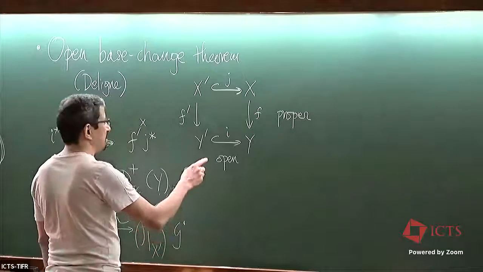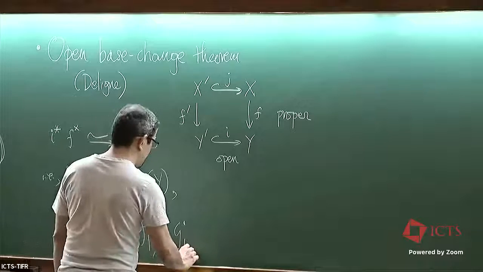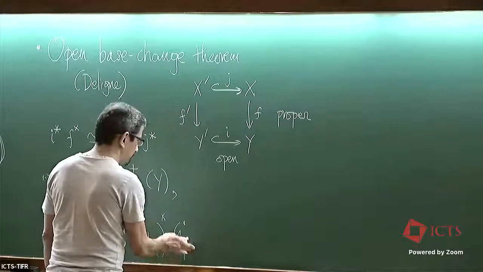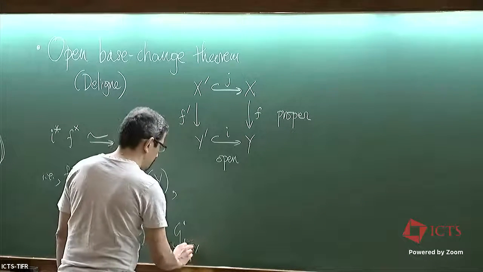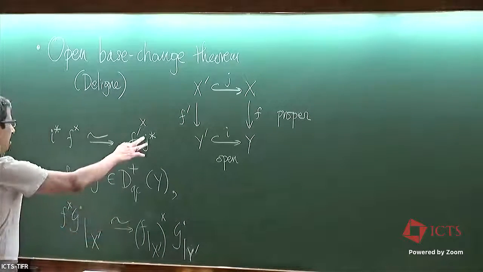That doesn't make sense, right? G dot, I have to do a star, so G dot restricted to X prime, Y prime. So this is an informal way of saying it, because upper star is just restriction.